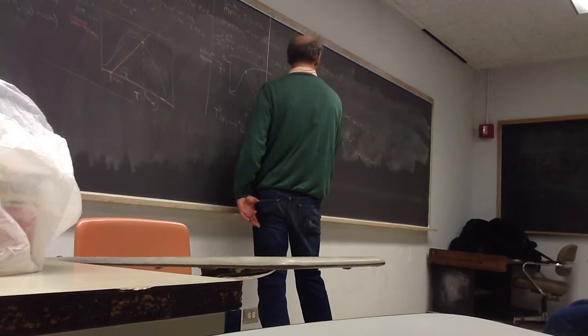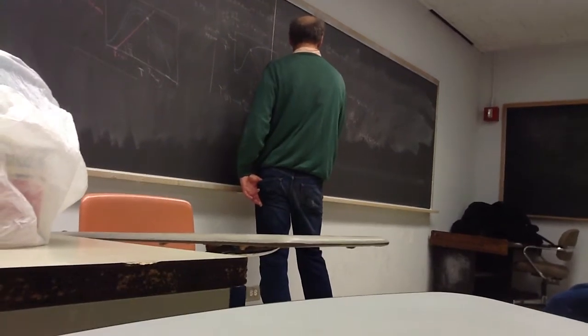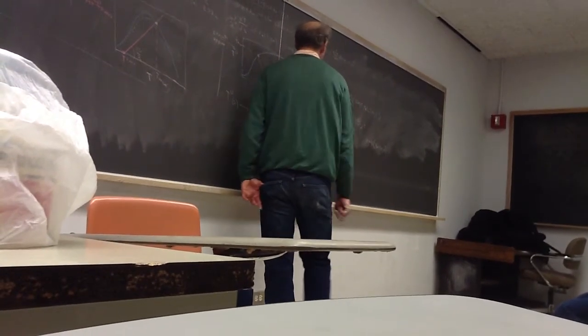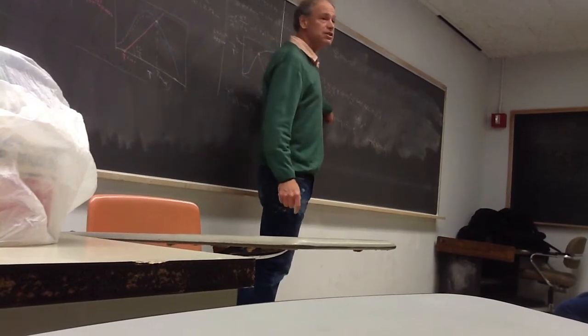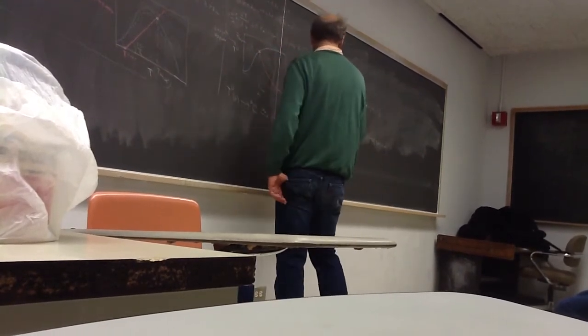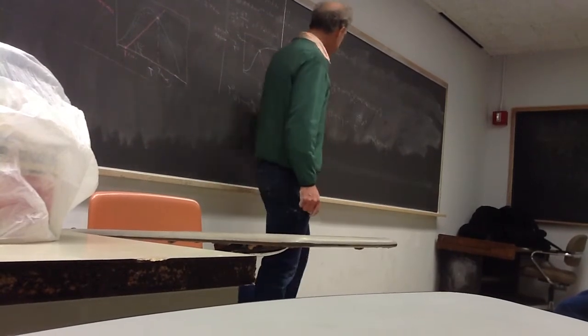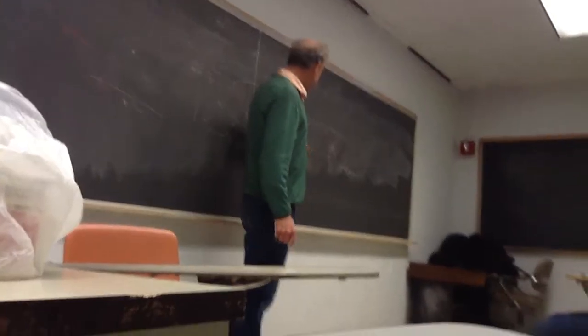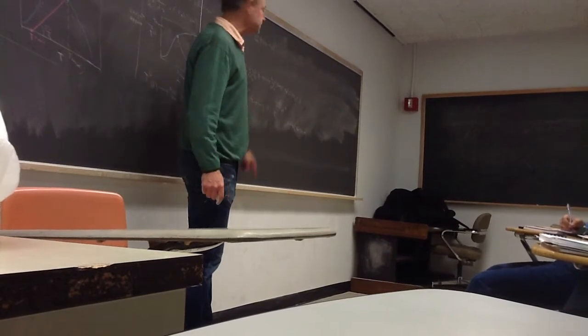And if I integrate, I get T of Z minus T surroundings. And if T in is equal to T surroundings, the bottom limit is just going to give me 0.